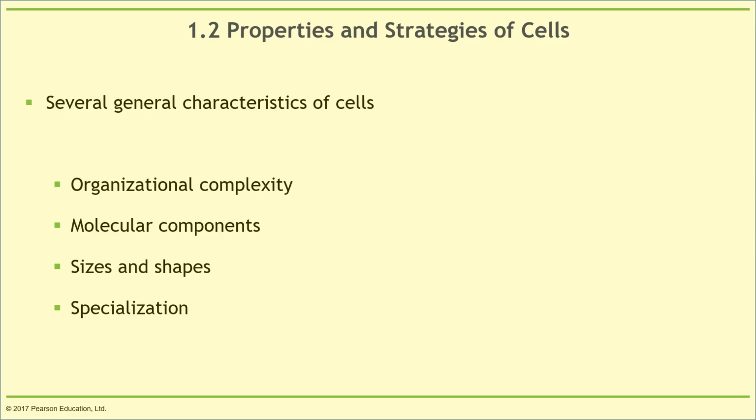So for example, the slides that you see a little bit yellow are ones I am not going to talk a lot about, because I know that cells have characteristics like complexity, molecular components, size, shapes, and specialization. We already talked a little bit about that in the previous section.